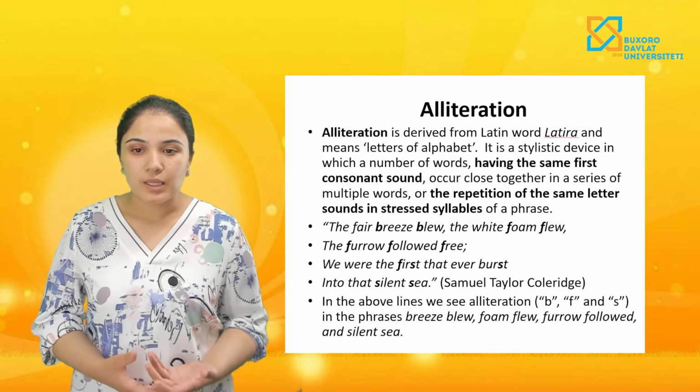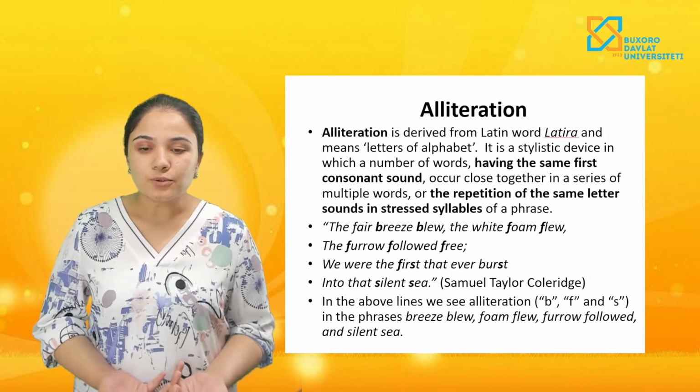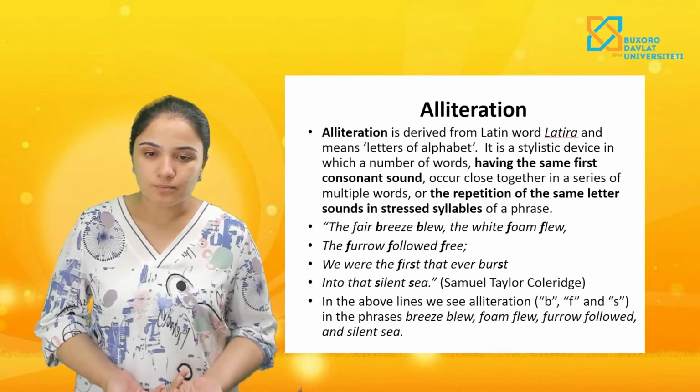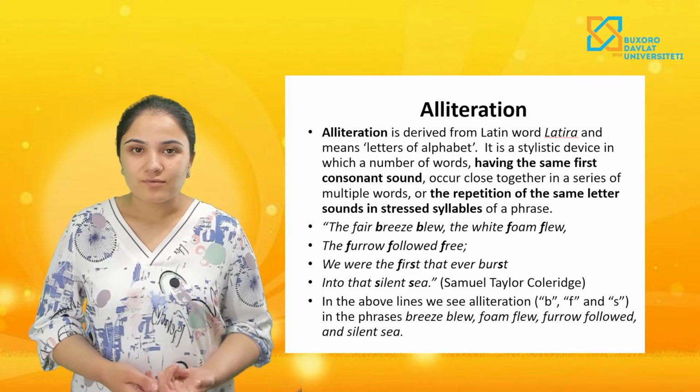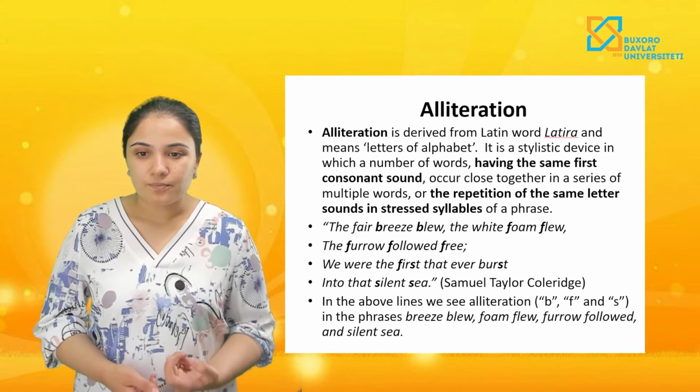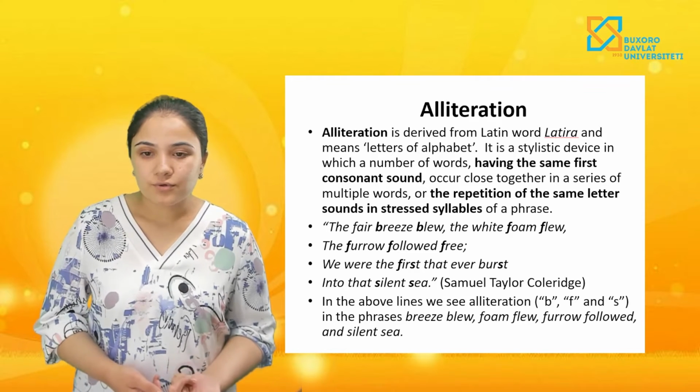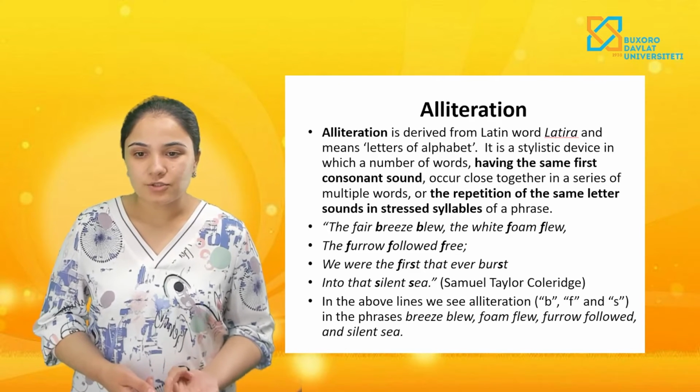For example, the fair breeze blew, here breeze and blew. The white foam flew, here foam and flew, the same letter F. The furrow followed free, here F, the same letter.